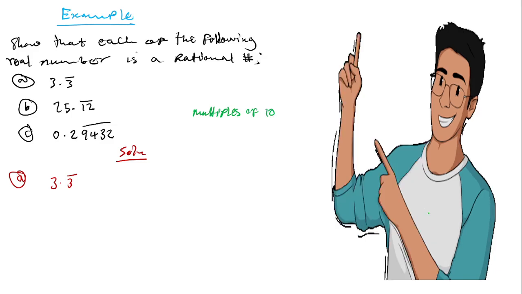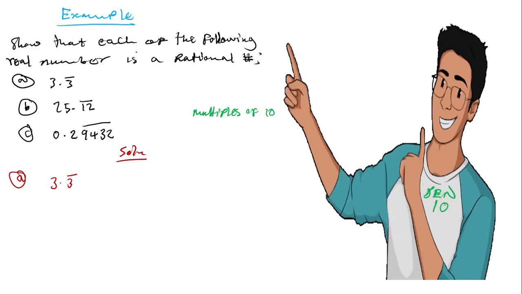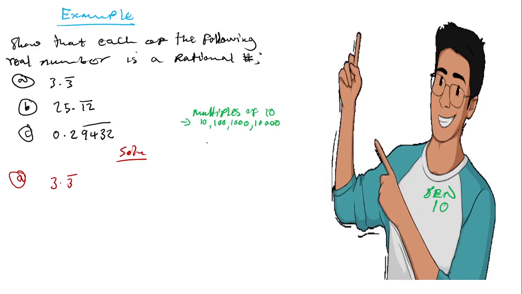I'll name this guy Mr. Ben 10. You normally use the multiples of 10, so you're going to use things like 10, 100, 1000, 10,000, depending on the number of decimal places that you have.